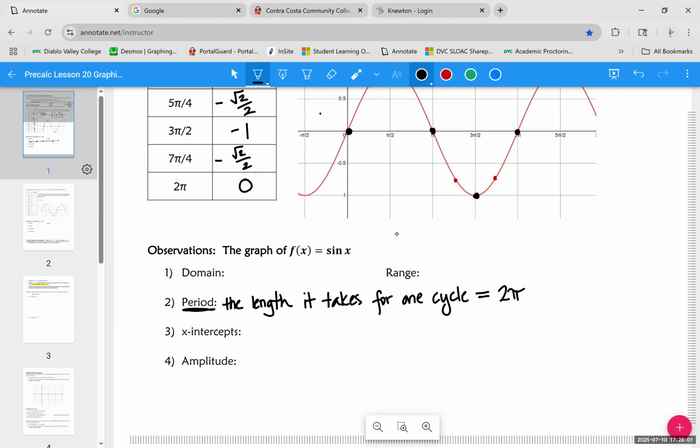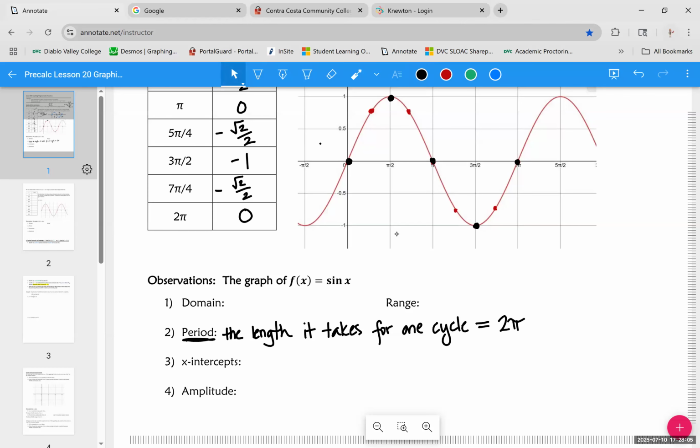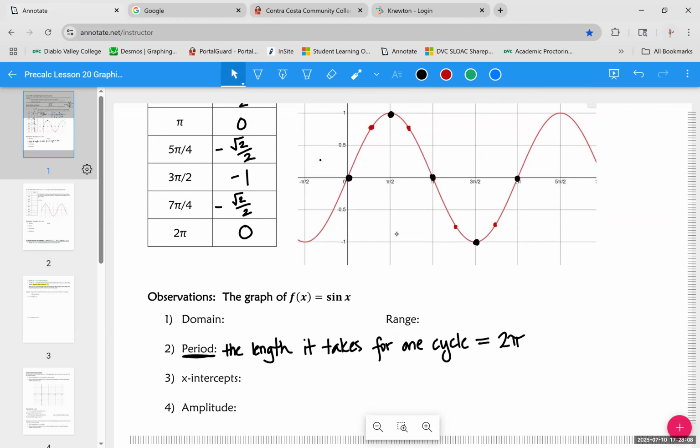All right, looking at a couple other facts that we can note from this graph, its domain would be all reals. There are no breaks, gaps, jumps, holes, or asymptotes. But what about the range? Are we getting every possible y value we could? Certainly not. We have a top and we have a bottom, and we hit everything in between, but the y values for this graph are only between -1 and 1.